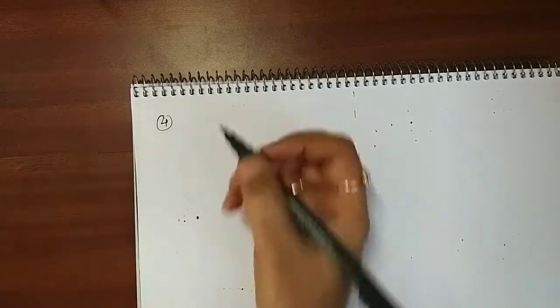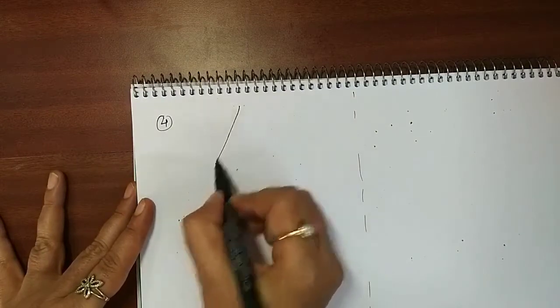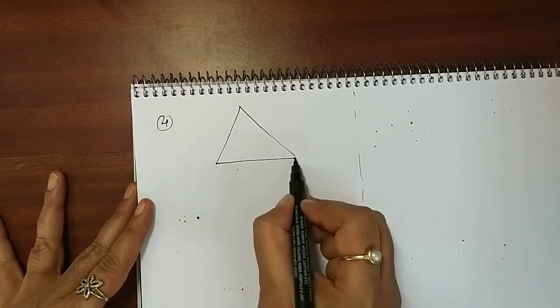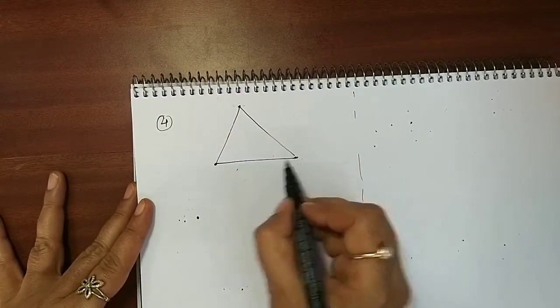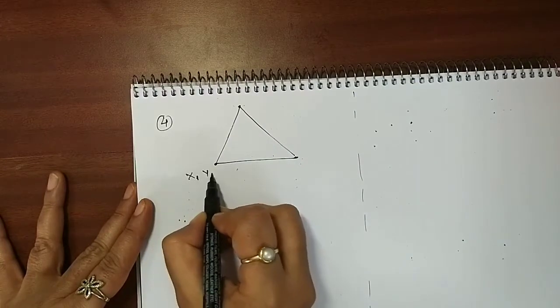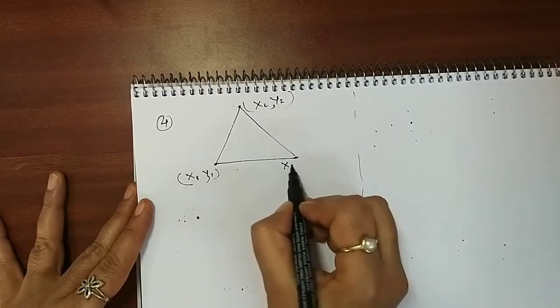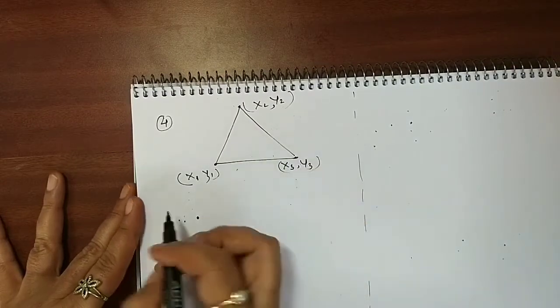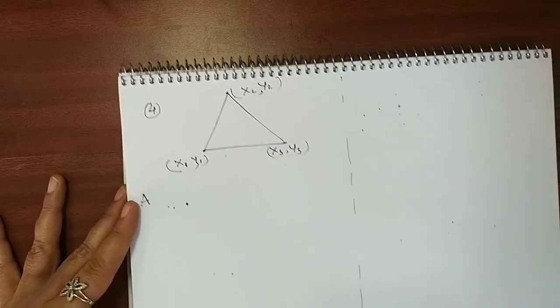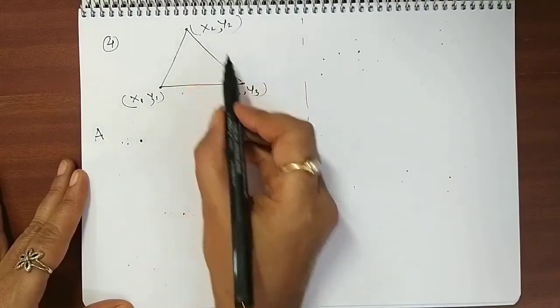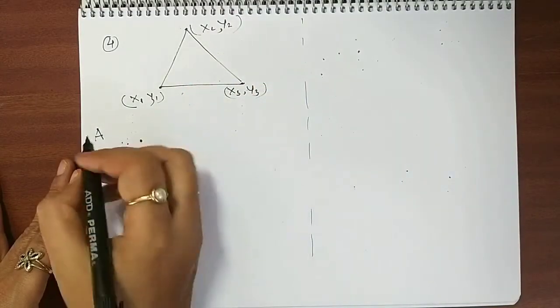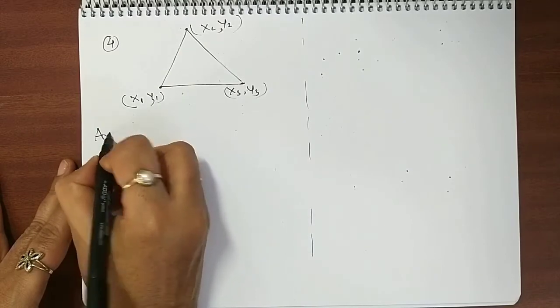Now the fourth formula that you must know is the area of a triangle. Suppose 3 points are given in coordinate system, x1 y1, x2 y2 and x3 y3. So what is the area of this triangle?